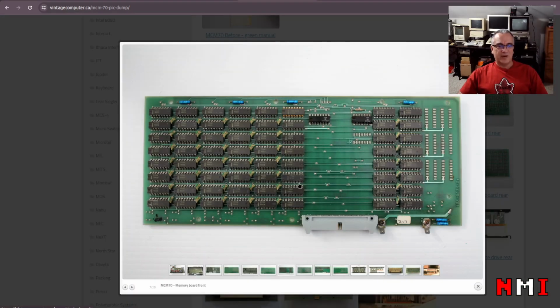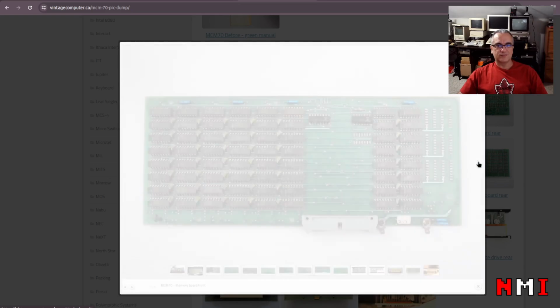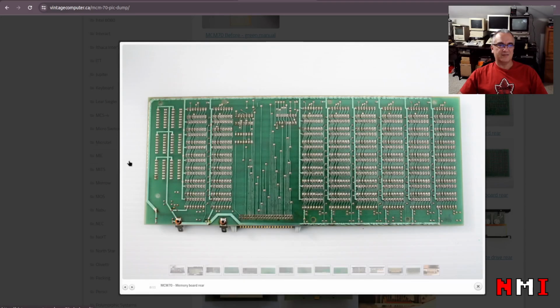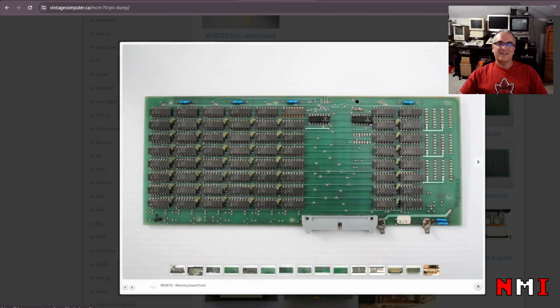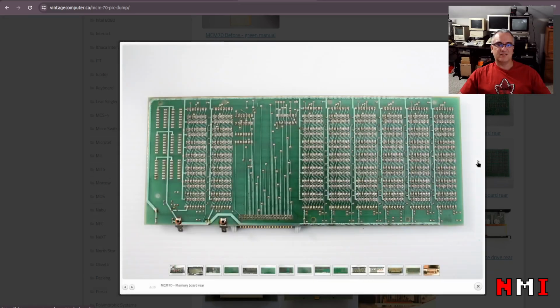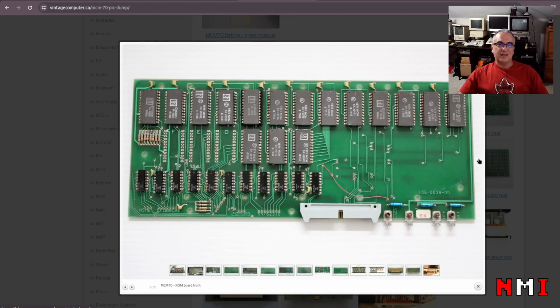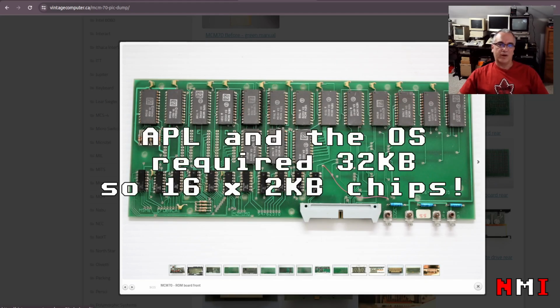This is the RAM, I believe. Yeah, this is the memory board. It's a lot of chips, right? Again, early days of computing, so very low capacity RAMs. This is for maybe only 8K. And this is the ROM board.